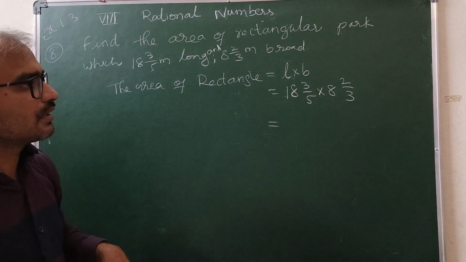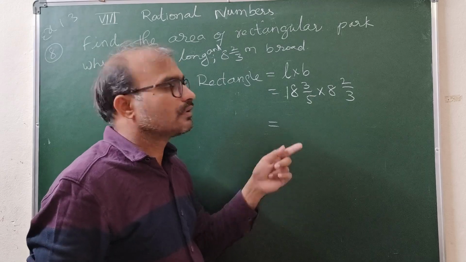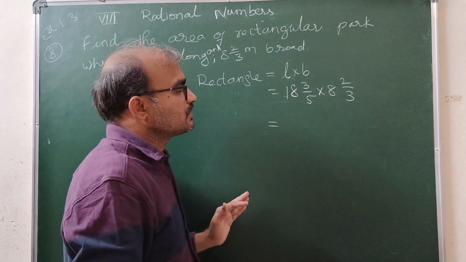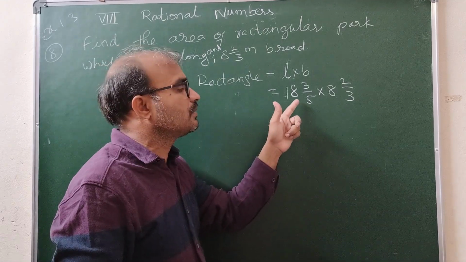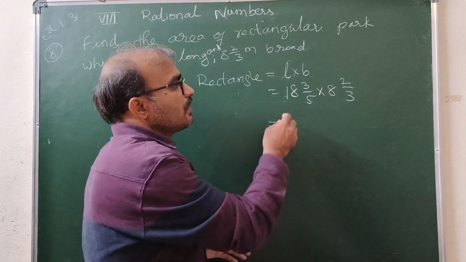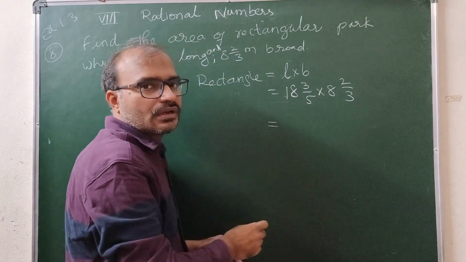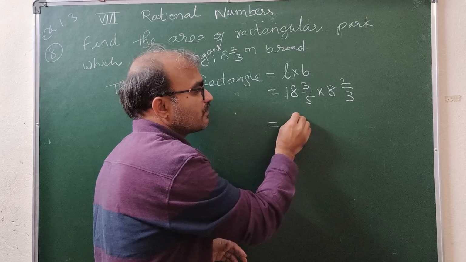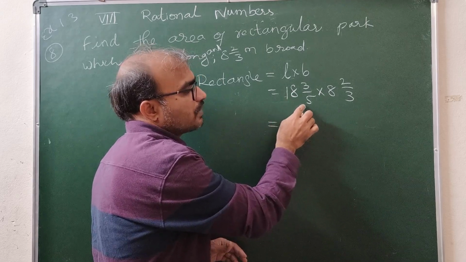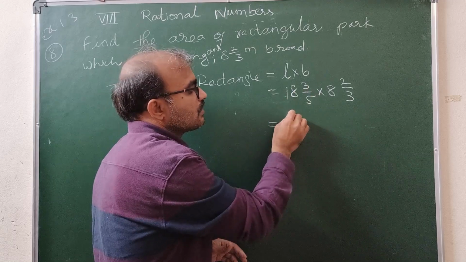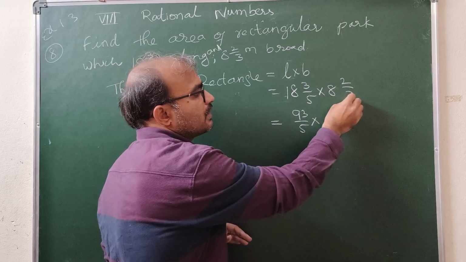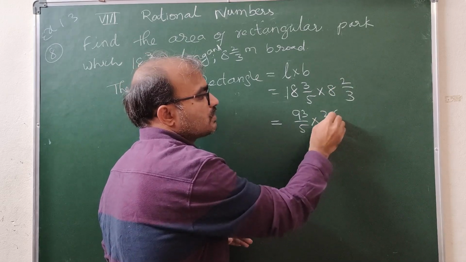As we discussed already, when there is multiplication and there are mixed fractions, first of all they should be converted into improper fractions. In 18, how many fifths will be there? 18 fives, 90 fifths will be there. If you divide each whole into 5 parts, totally there will be 90 plus 3, so 93 fifths, into 8 threes are 24, 24 plus 2, 26 by 3.